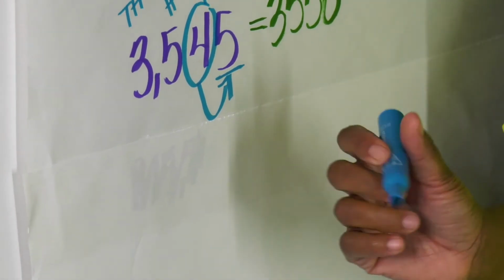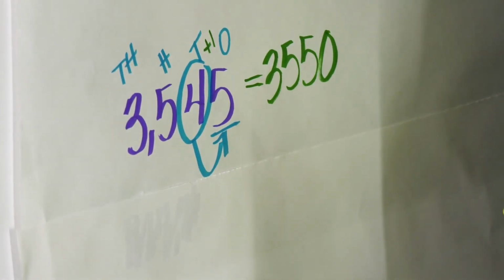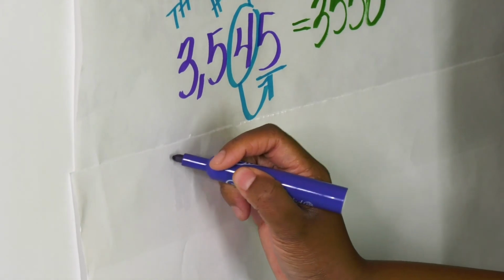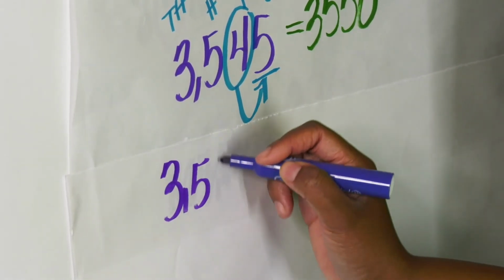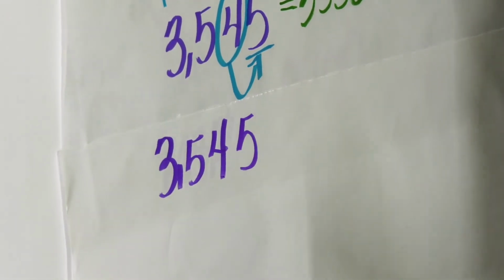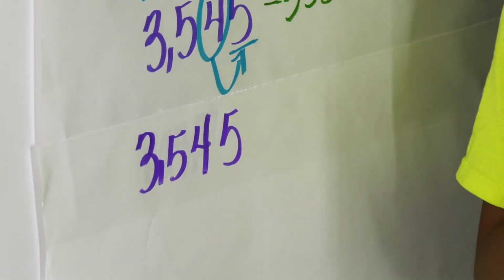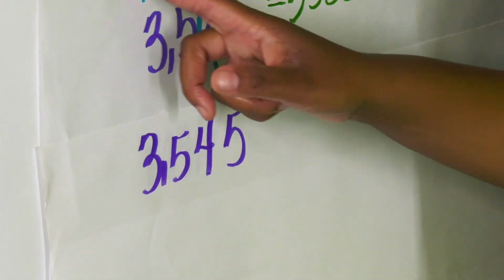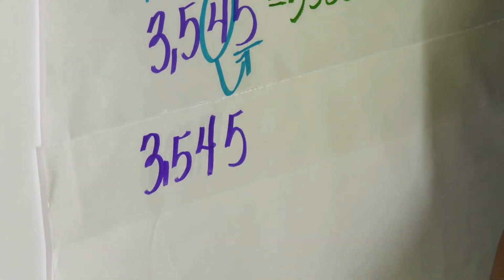So now we're going to take the same number, 3,545. Now we want to round it to our nearest hundred place, okay? The hundreds place, make sure you're using your place value setup that we already created.